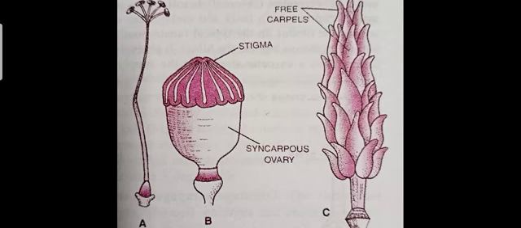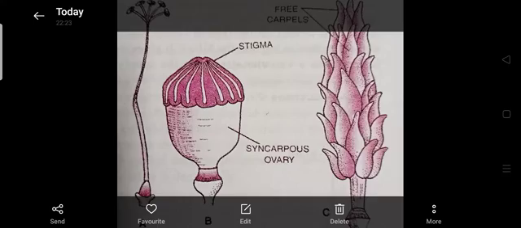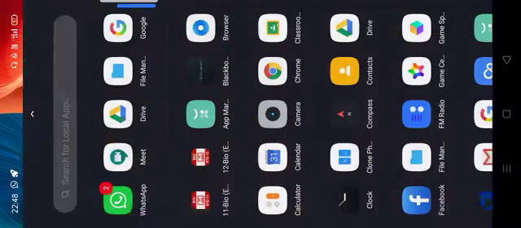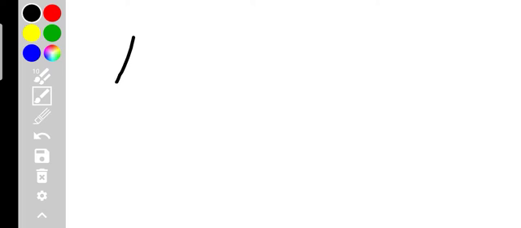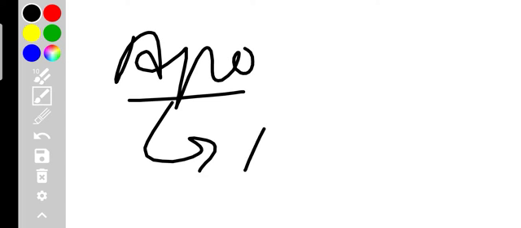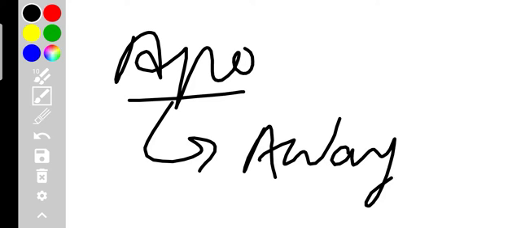Let's understand about the arrangement of the gynoecium, what exactly they want to tell us. If they are talking about a gynoecium that is apocarpous: apo means away, and carpus means fruit.